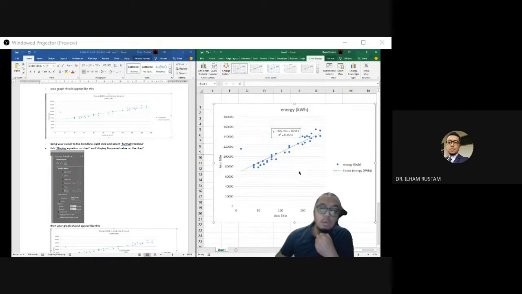So for EEI, you will also use the Excel linear approximation, and for QSUM also use the linear approximation of Excel, to make it easy. If you want to plot everything manually, it would take some time and may not be accurate. Okay, so this is how you do your QSUM chart.